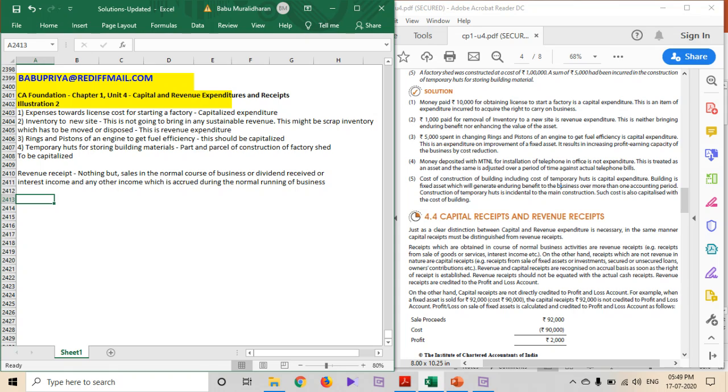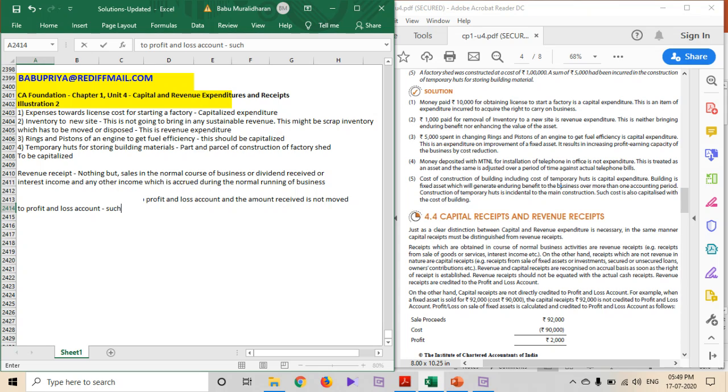Then what is a capital receipt? Capital receipts are not directly related to the profit and loss account, right? A capital receipt will not be credited to the profit and loss account. The amount received is not moved to the profit and loss account.